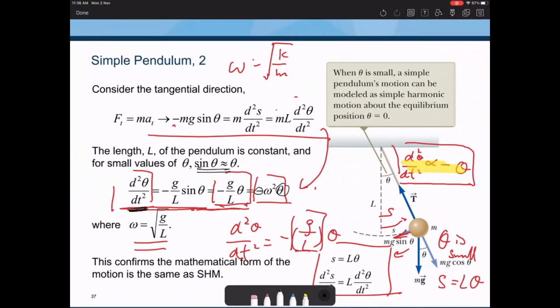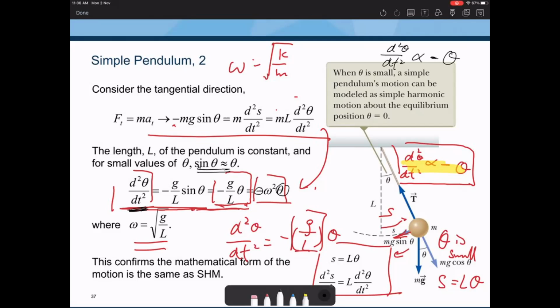That is how we declare the simple pendulum is performing simple harmonic motion, because once again, d squared theta over dt squared, acceleration, is proportional to the displacement, and it is in a negative sense.